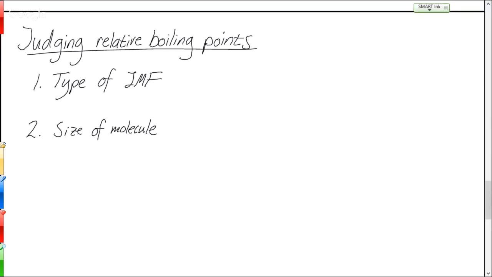So under type of intermolecular force, we're looking specifically for hydrogen bonding, or other polar forces, will lead to a high boiling point because those connections are so much stronger.